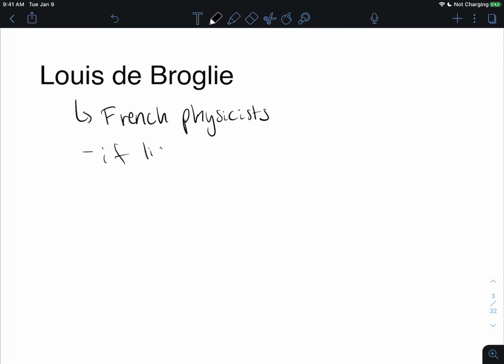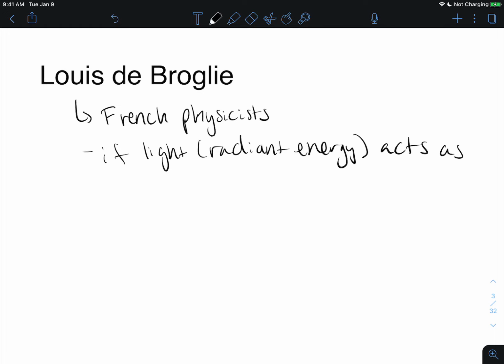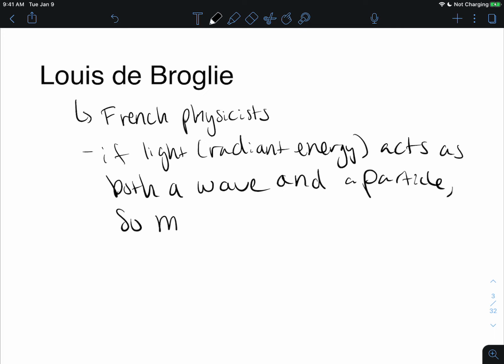If light, radiant energy, acts as both a wave and a particle, so must matter.